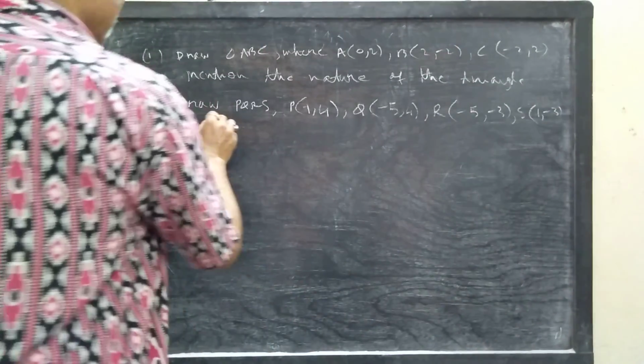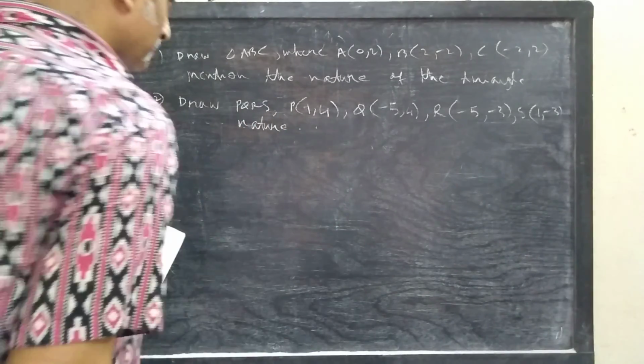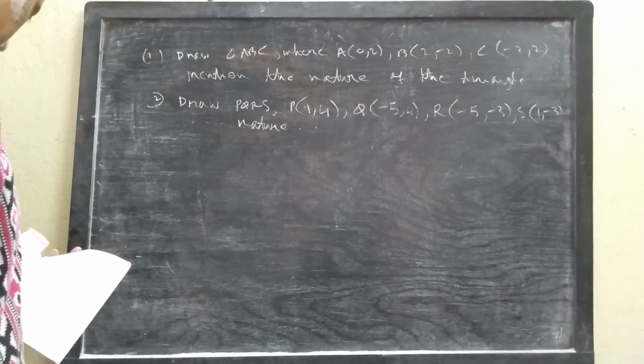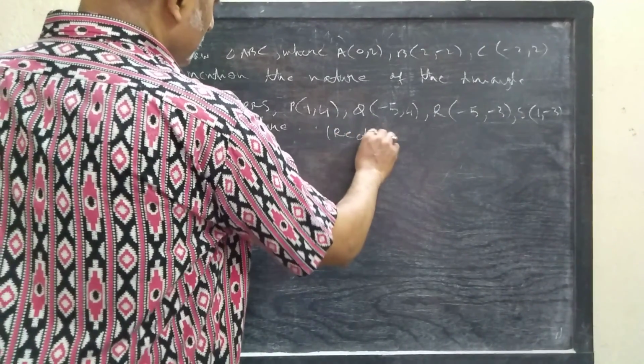And also mention the nature of the quadrilateral. You will get here a rectangle. This will be a rectangle.